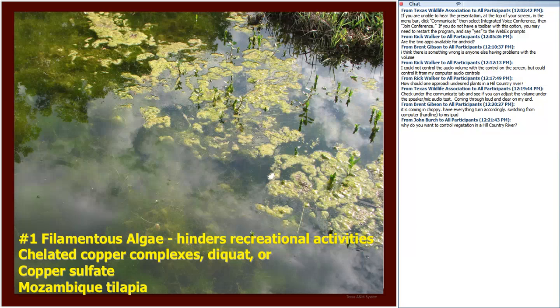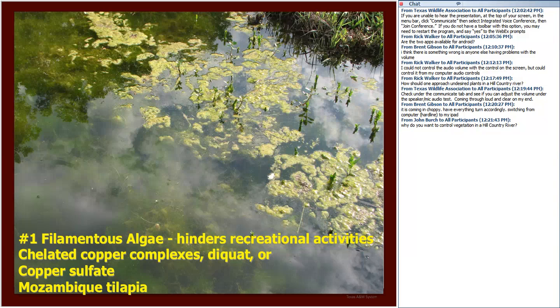The next one we have here is diquat. Diquat can be effective on some species of filamentous algae when used on its own. However, what we normally do is tank mix diquat with chelated copper complexes or copper sulfate and then apply it together.